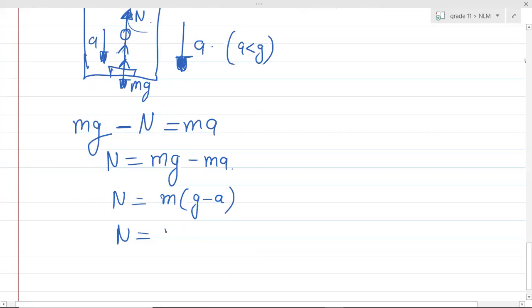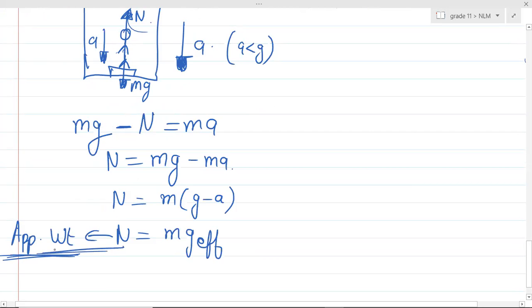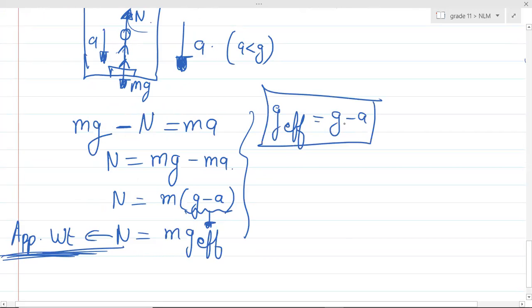Please remember, this is the apparent weight. The normal reaction is basically this. If you compare, this will be equal to g effective. So g effective will be equal to g minus a. Since a was less than g, hence g effective will be less.